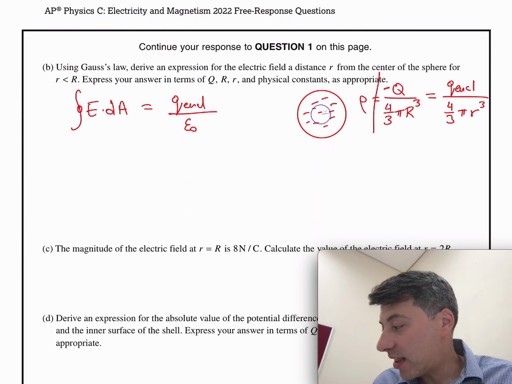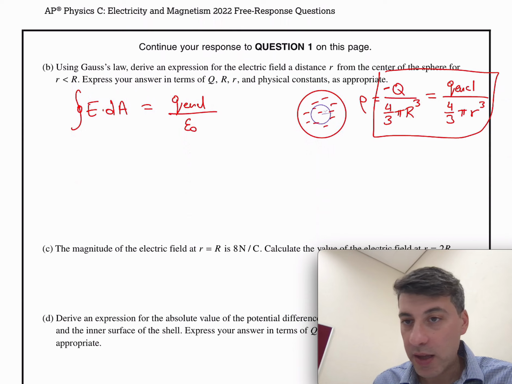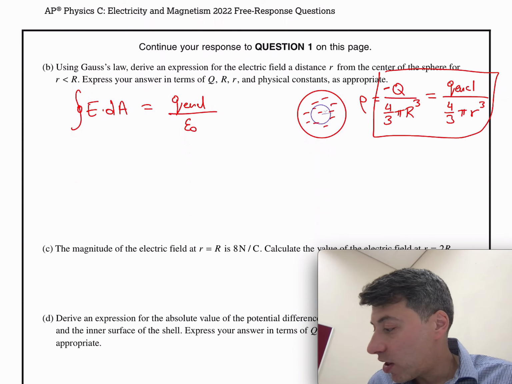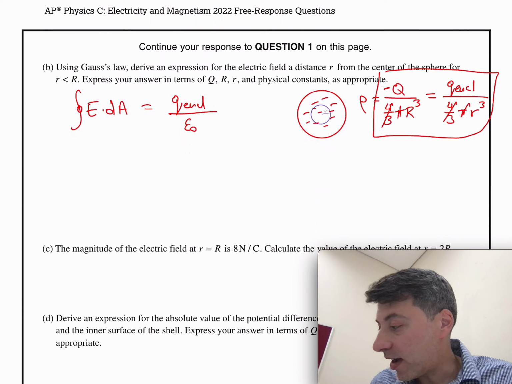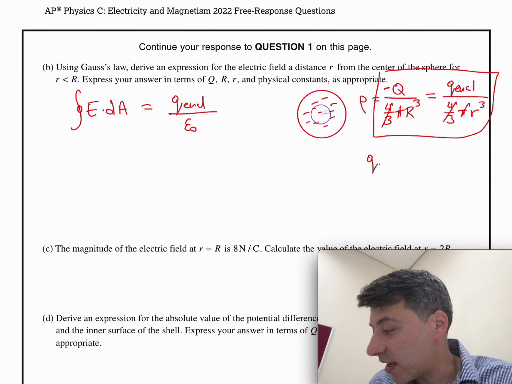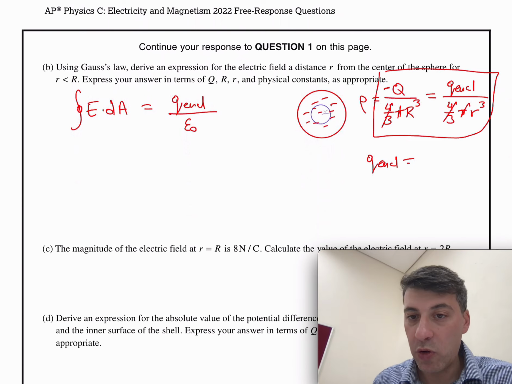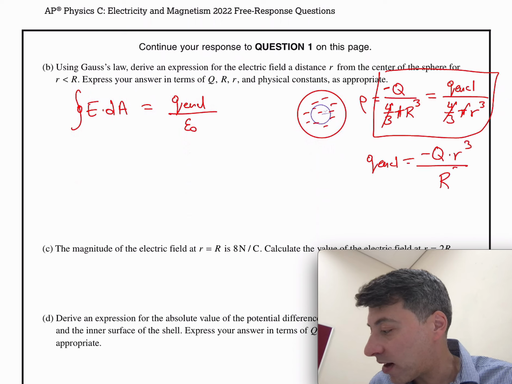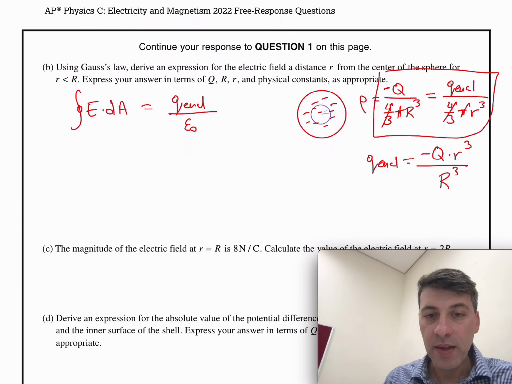If we take this part of the equation, we will try to solve for the enclosed charge. The 4 over 3's and the pi cancel, and what remains is that the enclosed charge in the small sphere is negative Q times small r to the power of 3 divided by capital R to the power of 3. So now we are ready to proceed to Gauss's law.